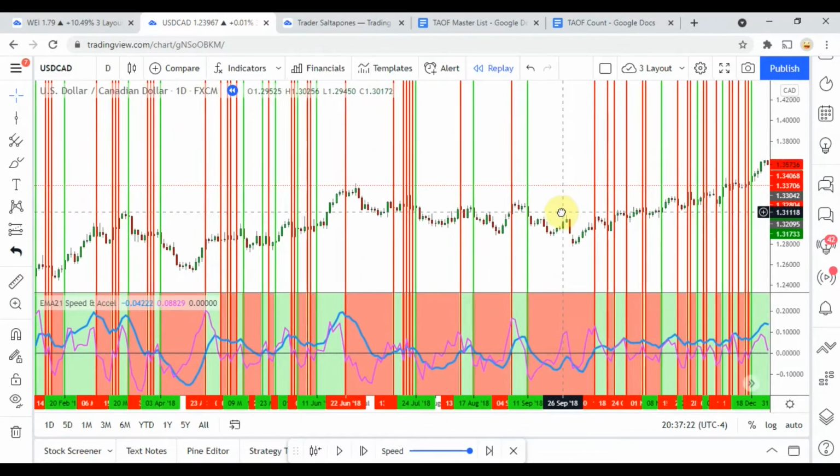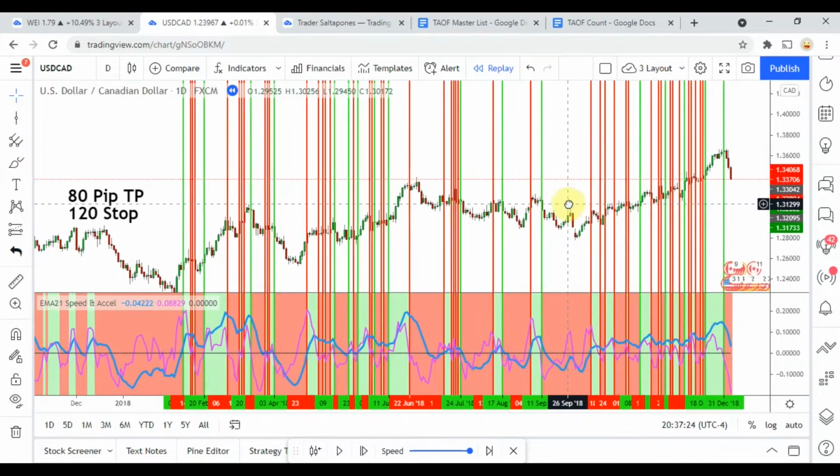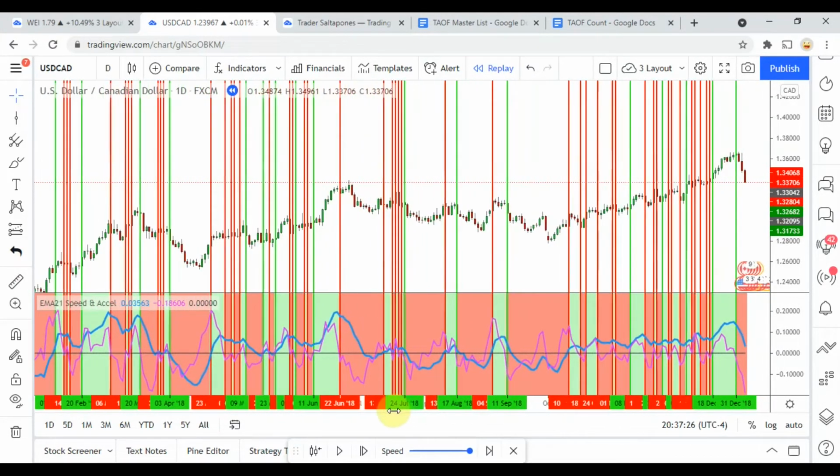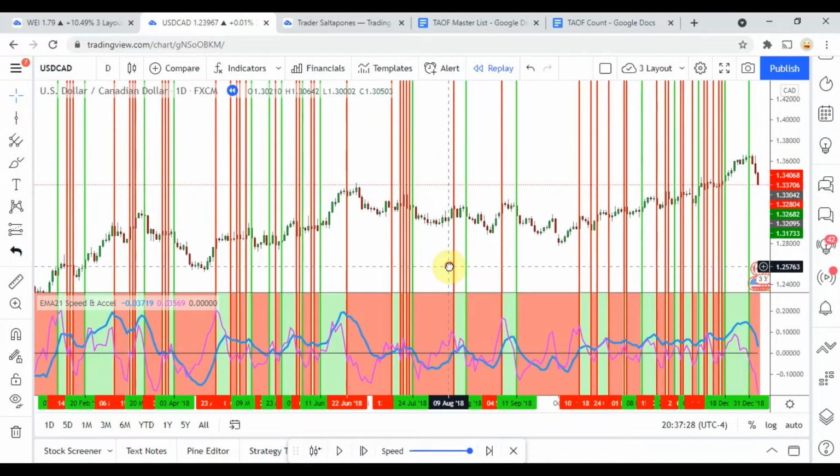Let's go ahead and get everything kind of in focus here like this. There we go. Let's go ahead and count these out and see what we get out of it.